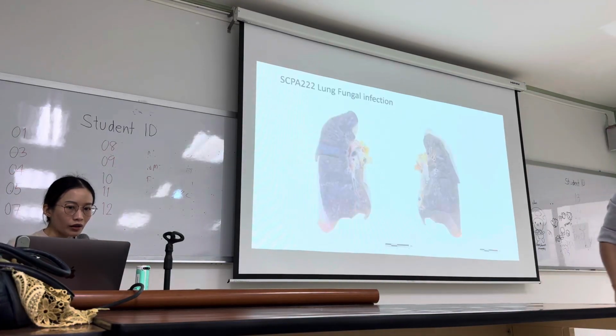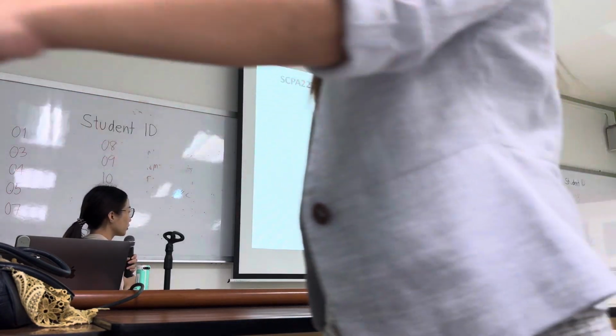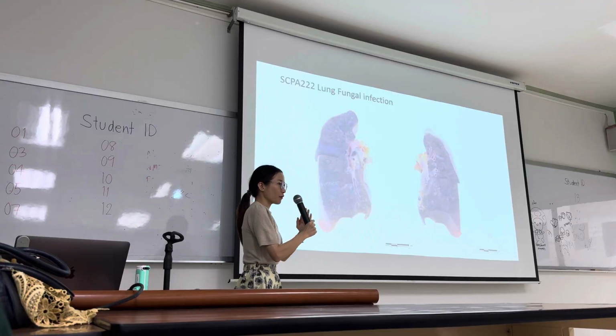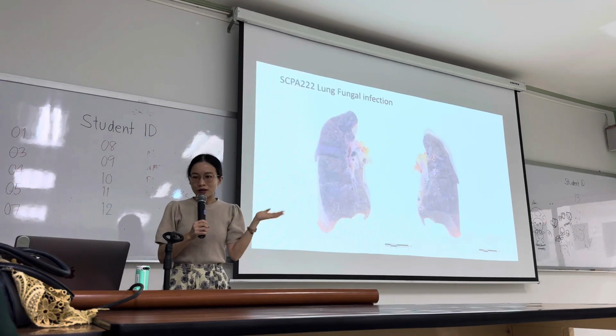So we have got a specimen of the lungs. I think we brought one sample today, maybe this one. It's actually the same lung, but they cut it in half, so you see this as two pieces.